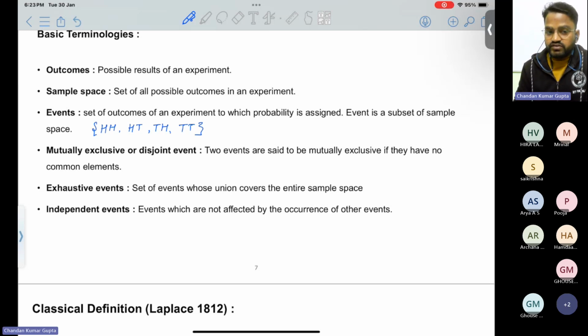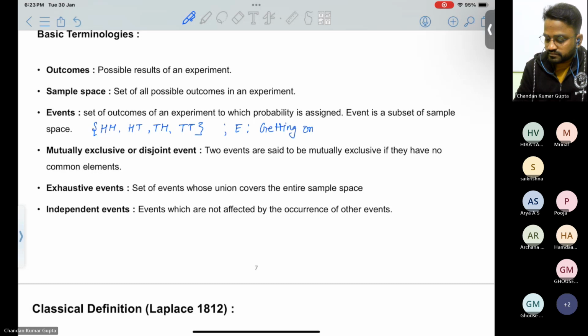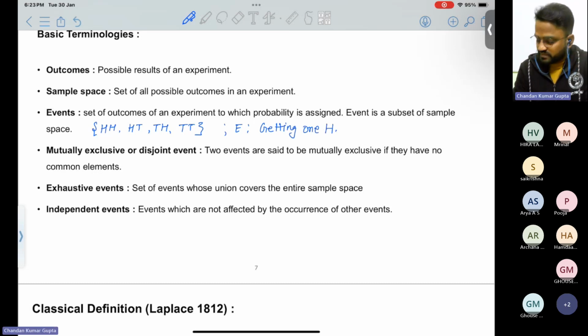And when we say, what is the probability, or we say that the event E is defined as getting one head, then this is the event. When we write the set in roster form, then E is what?